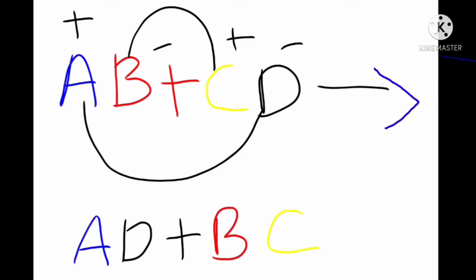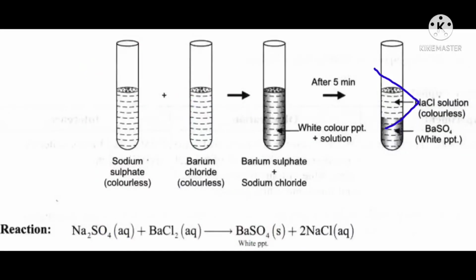In double displacement reaction, exchange of anions and cations takes place. Anions are the negatively charged particles and cations are the positively charged particles. Let us understand double displacement reaction using an example, the reaction between barium chloride solution and sodium sulfate solution.